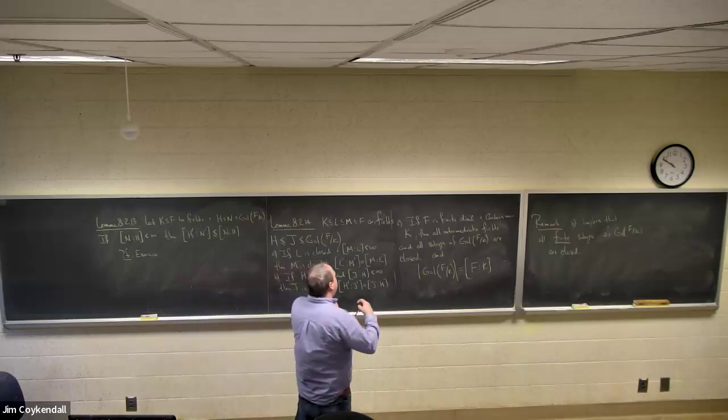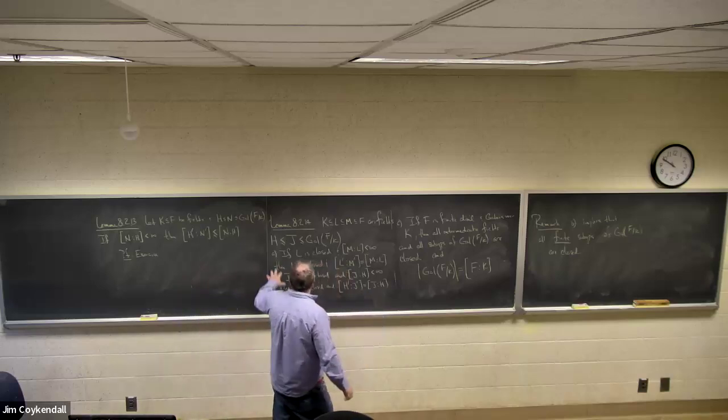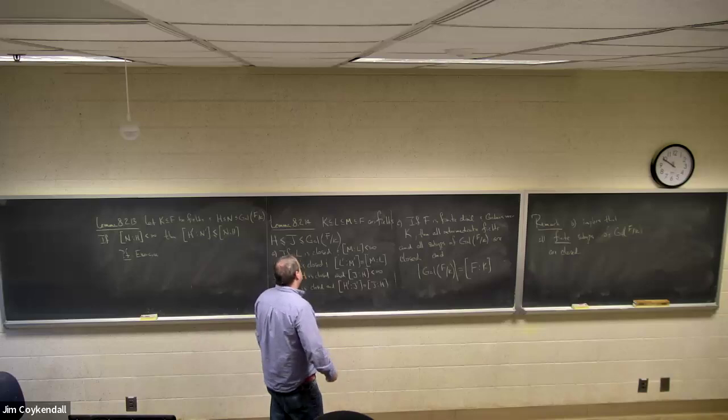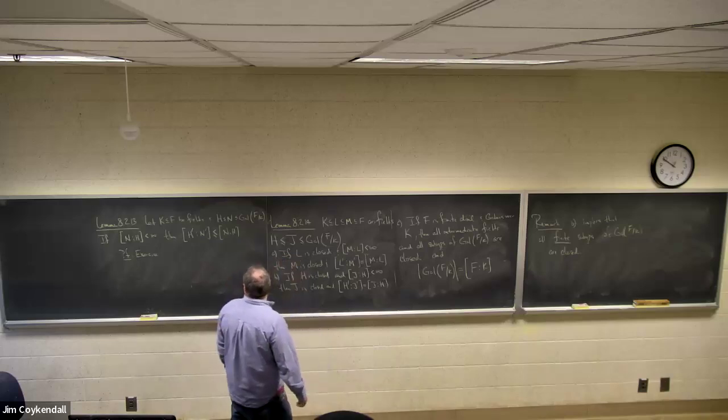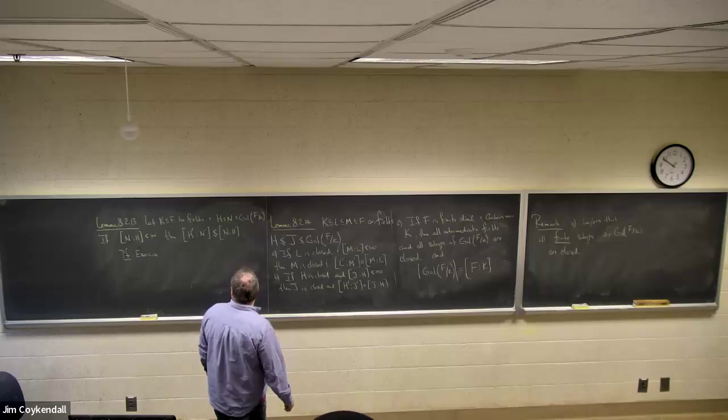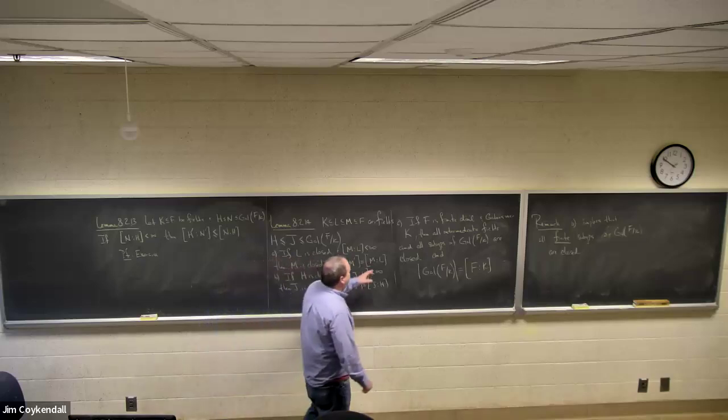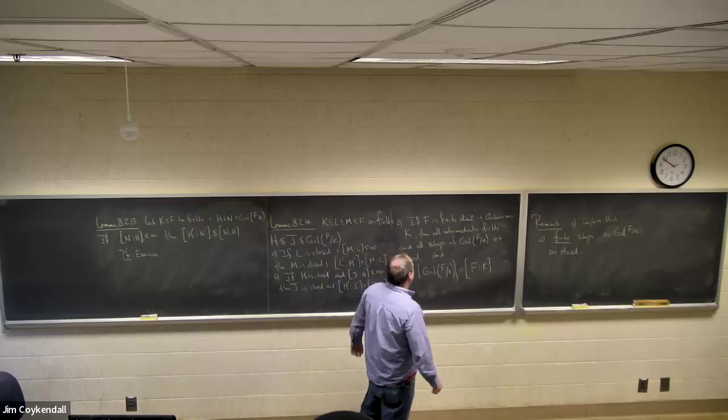So this one is basically an exercise because it follows very quickly from what we've done before in Lemma 12 and the primitive one. So this kind of wraps up what we need for correspondence here.